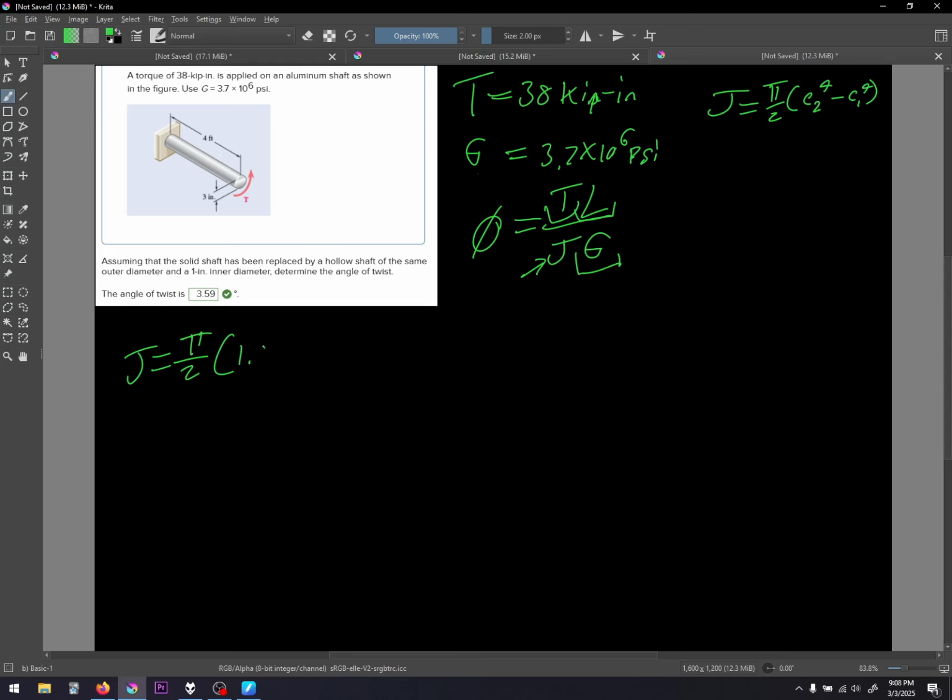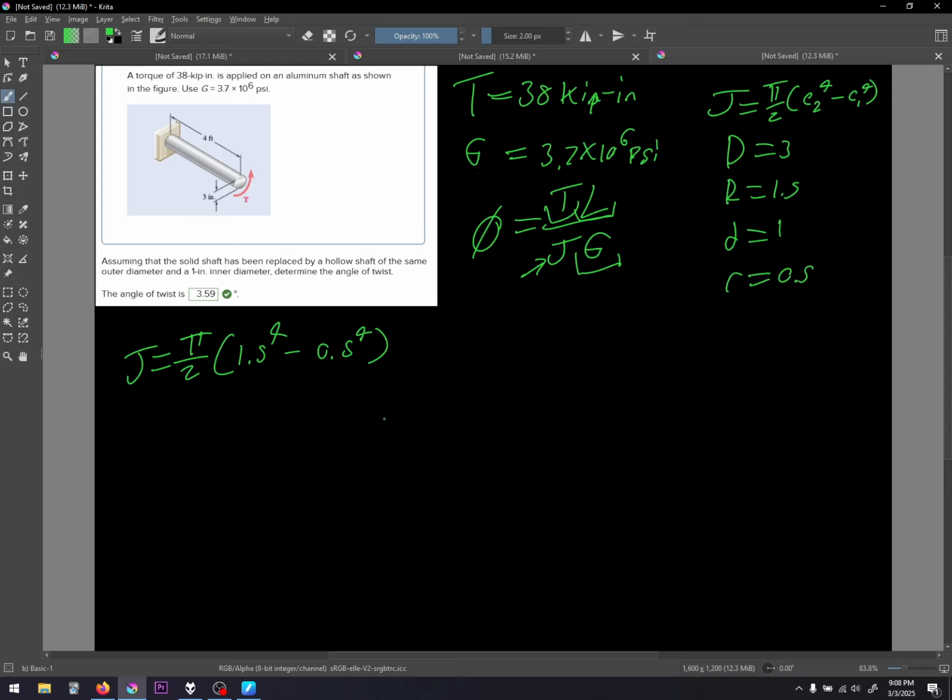So it's going to be 1.5 to the 4th minus 0.5 to the 4th. If the big diameter is equal to 3, then big R is going to be 1.5. Little diameter is equal to 1, so little r is going to be equal to 0.5.